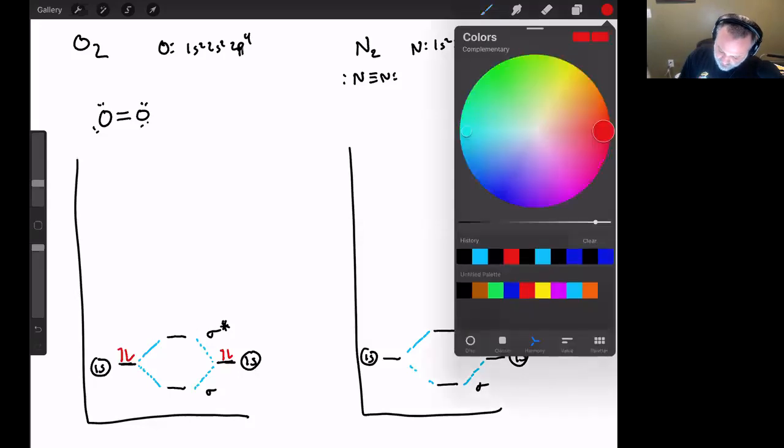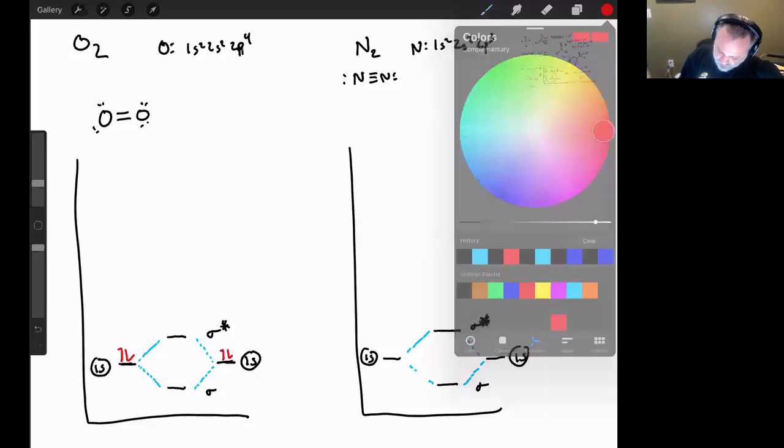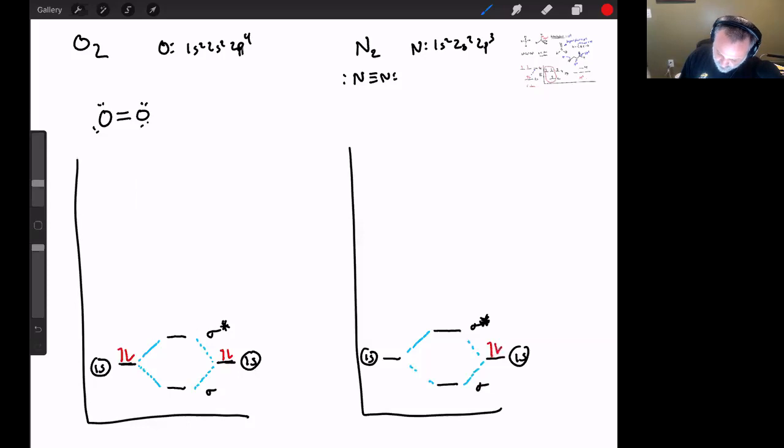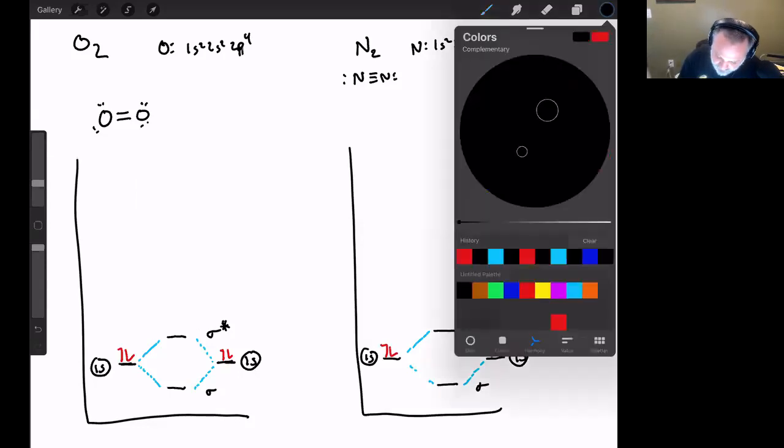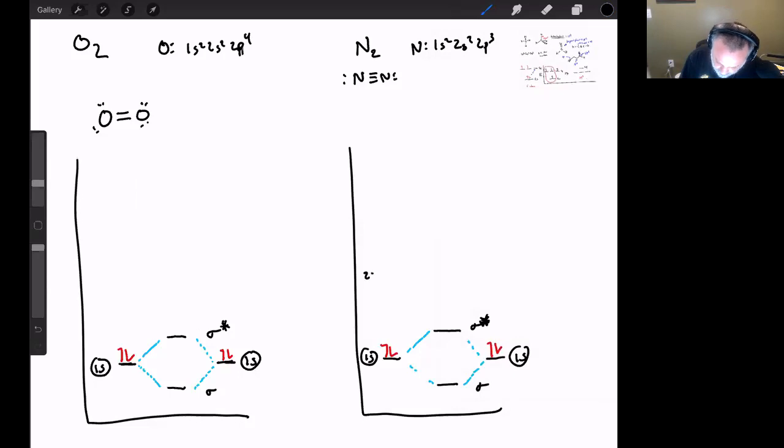So just like before, I've got an electron here, an electron here, an electron there, an electron there. And so what I want to do is keep moving up the electron configuration. And now I want to get to a 2s orbital. 2s orbital, I've got one there and one there. Well, how do these mix? Well, you already know the pattern.